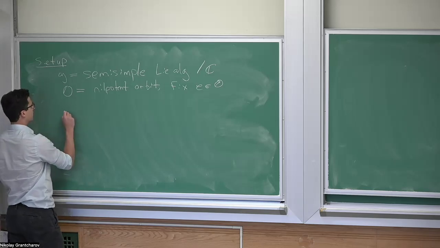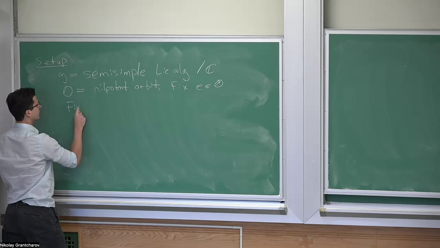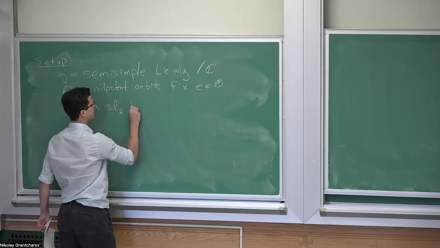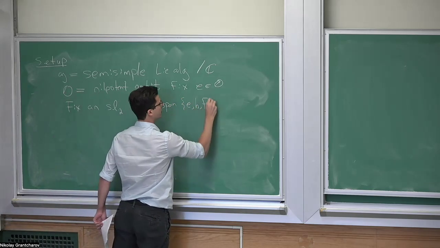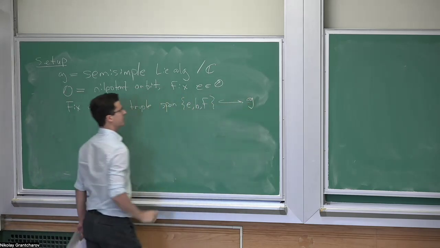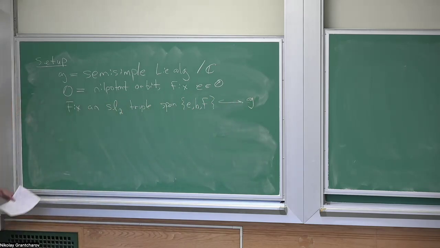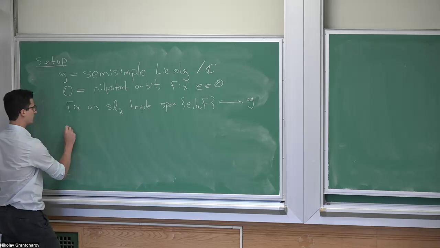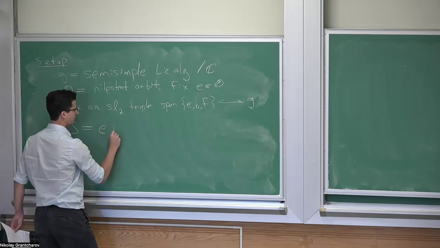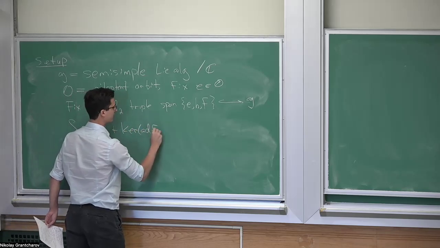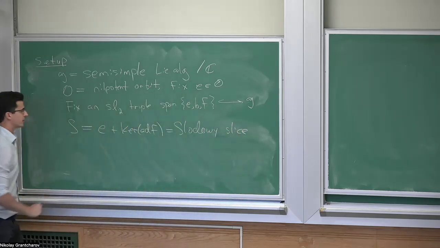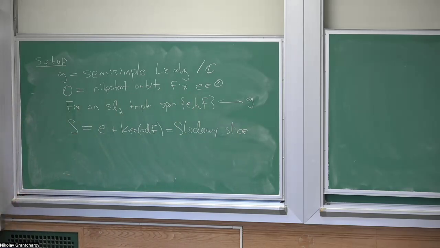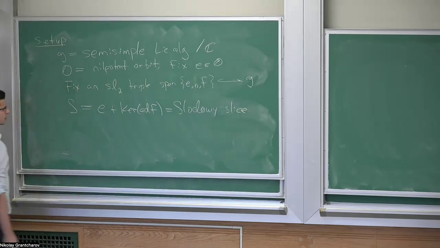And then by Jacobson-Morozov theorem, fix an SL2 triple corresponding to this E. And then this SL2 triple gives the following Slodowy slice S to be E plus kernel of ad F. And recall that this Slodowy slice was transverse to O. And furthermore, it was also defined using Hamiltonian reduction.